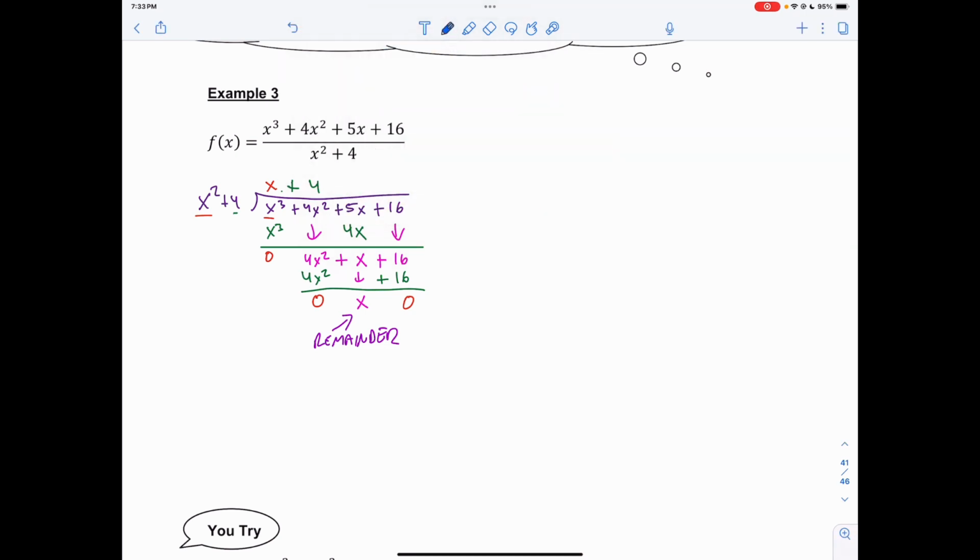So when I'm taking the limit as x approaches infinity for x plus 4 plus a remainder x over (x squared plus 4), and I take away what I factored out, x plus 4, then that's going to leave me with the limit as x approaches infinity for x over (x squared plus 4).